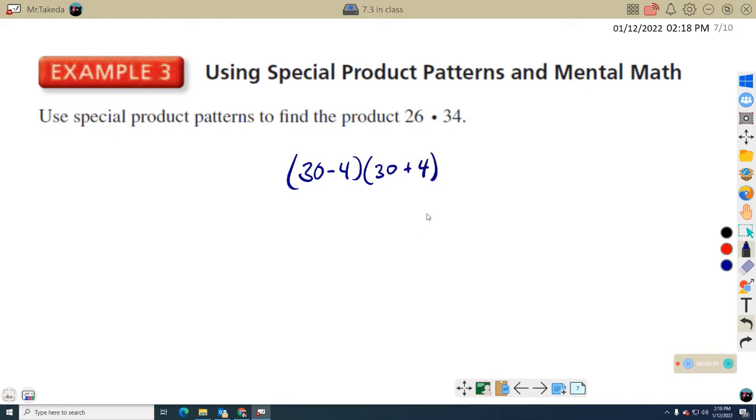I have the sum and the difference of the same two numbers. So I know this is 30 squared, which would be 900, minus 4 squared, 16. So that's going to be 884. I think the subtraction there was the hardest part. Anyways, that's how you could do something like this as a quick way. Again, it only works if you have this kind of thing happening here.